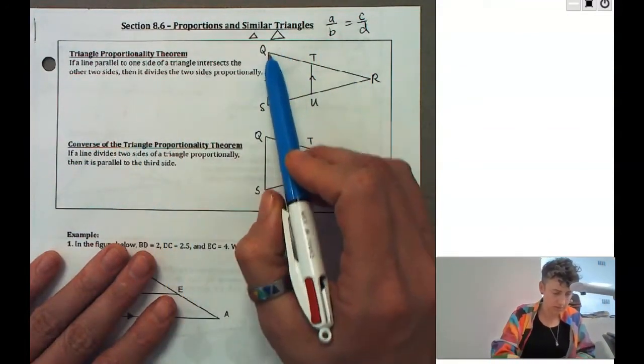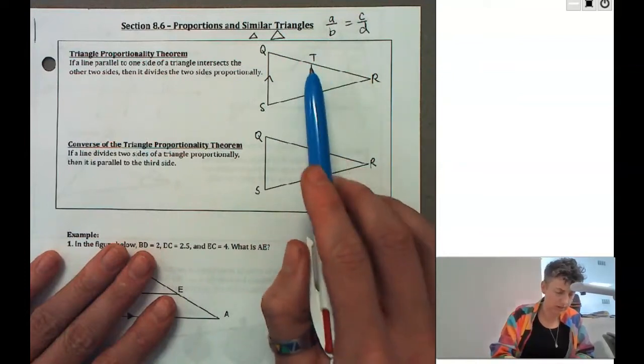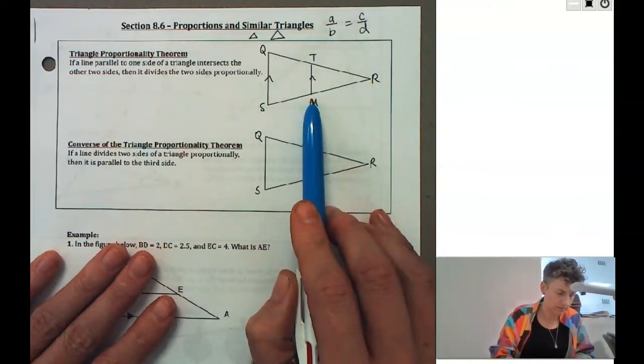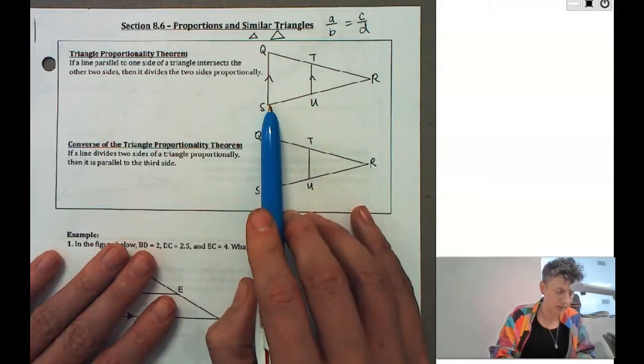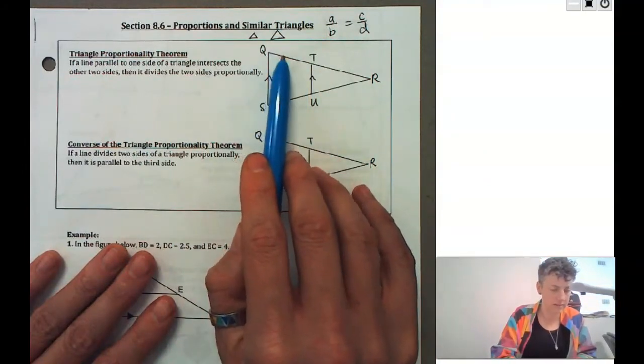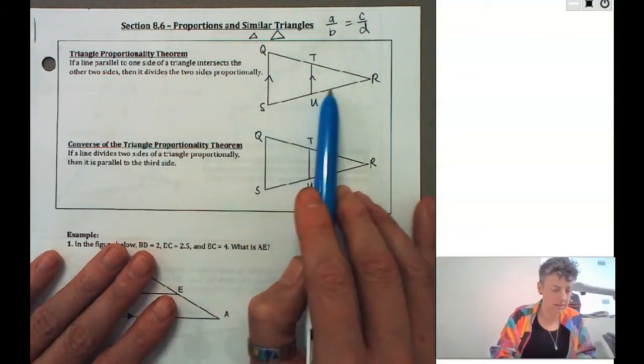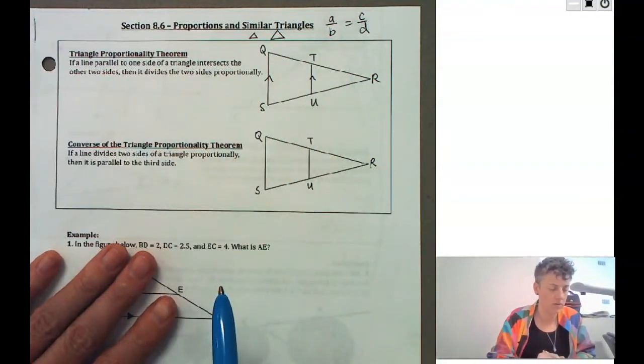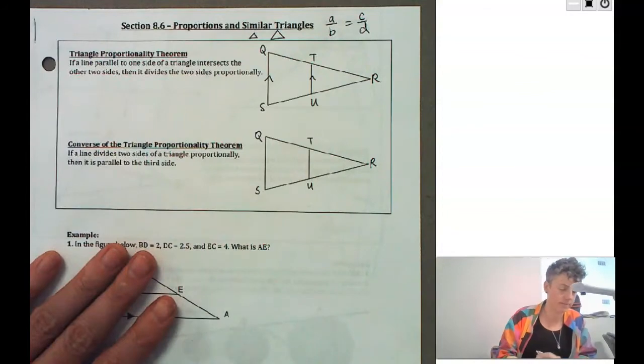So these parallel lines, right? This line is parallel to that line, and this line intersects the other two sides. So it's going to divide those two sides proportionally.